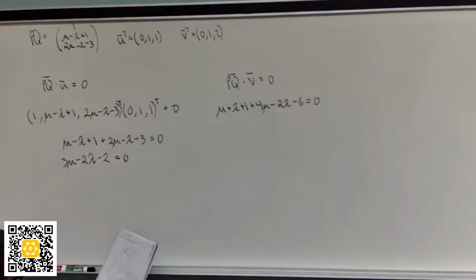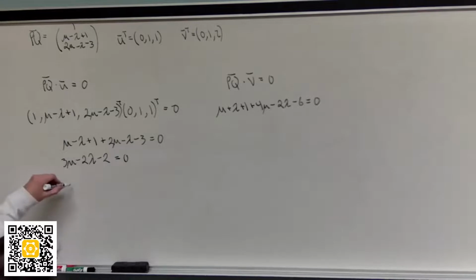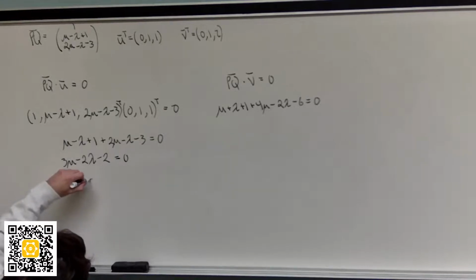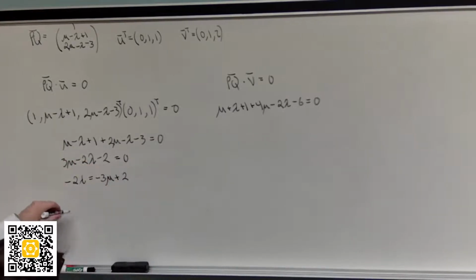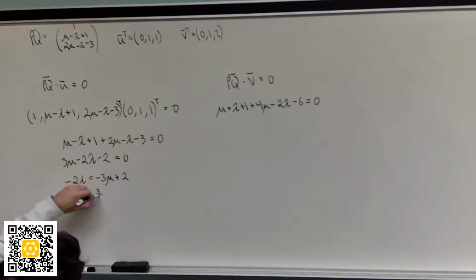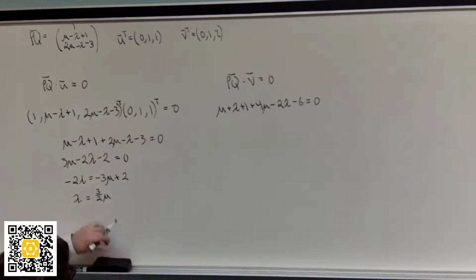So I'm going to choose lambda. Let's solve for lambda. So we have negative 2 lambda is equal to negative 3 mu plus 2. Lambda is equal to 3/2 of mu minus 1. Right? Everyone good with that?